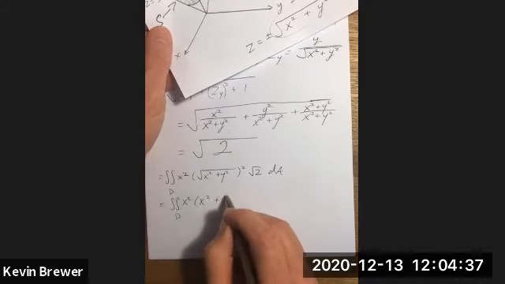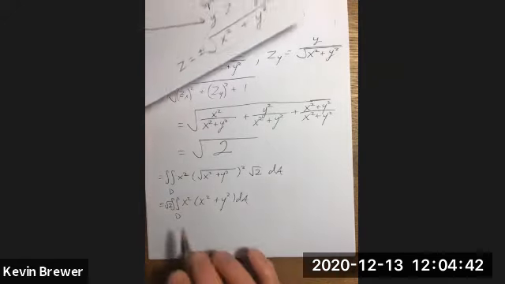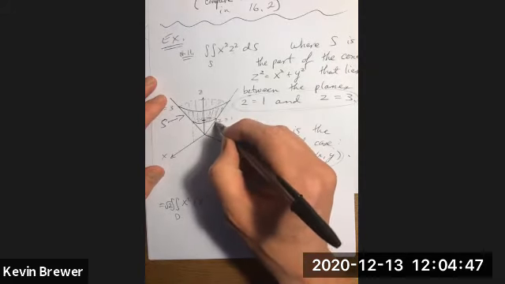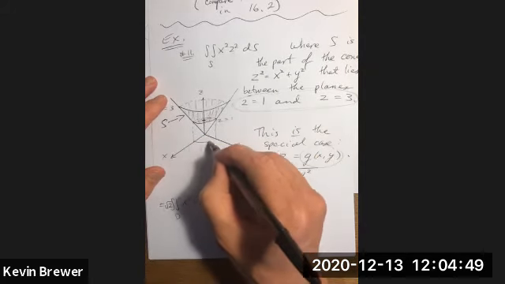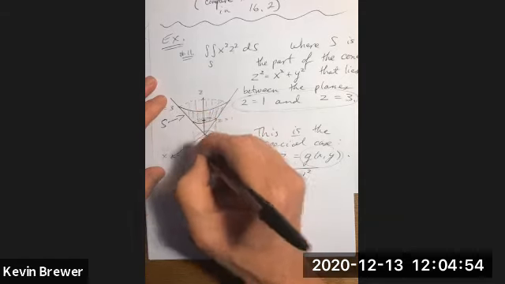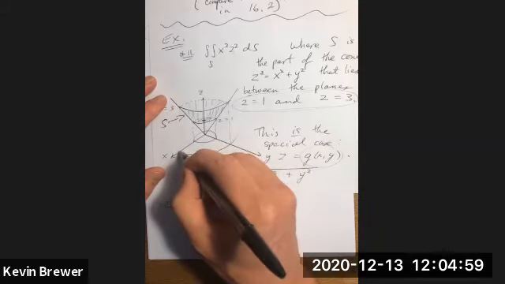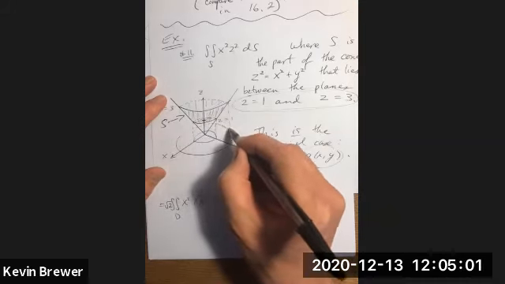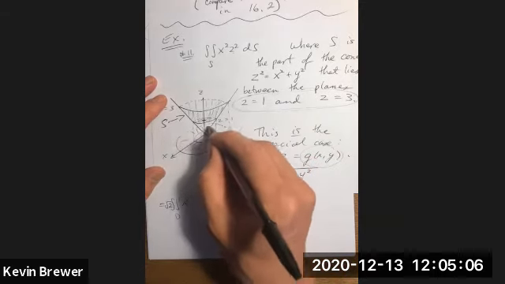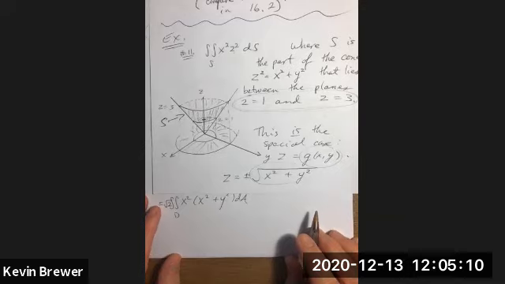Times x squared plus y squared, square root of 2 comes out front, dA. But the region D is this region here.